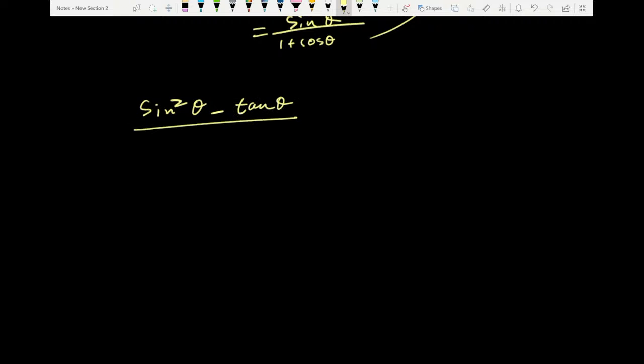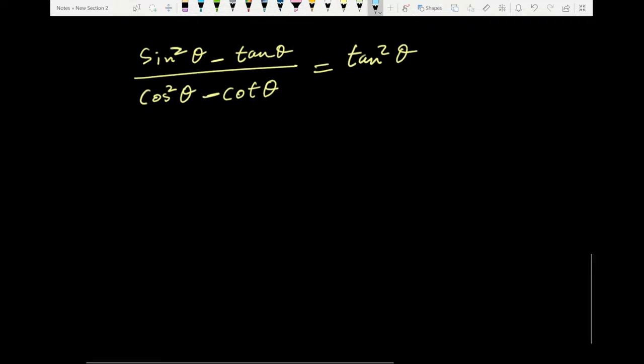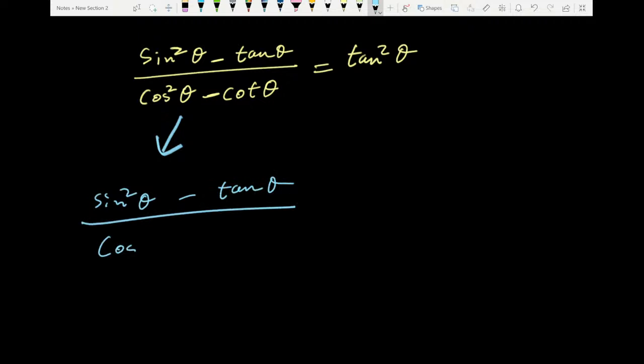Tangent of theta times cosecant square of theta minus cotangent of theta equals tangent square of theta. For this one, you want to start on this side. That's the only hint I'm going to give you. Try it. This is a little bit hard one.